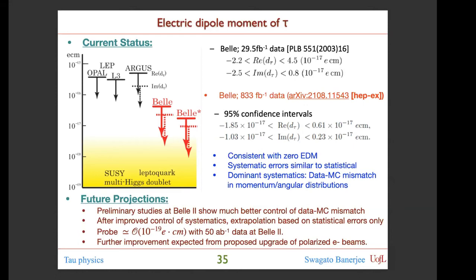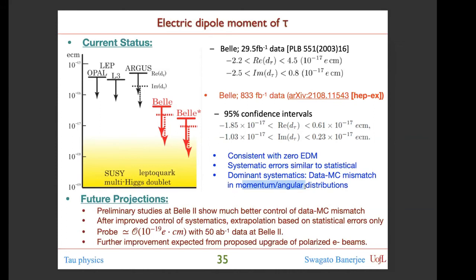So this is consistent with a zero EDM. The statistical and the systematic errors are similar. The dominant systematic error comes from the disagreement between data and Monte Carlo in the momentum and the angular distributions.